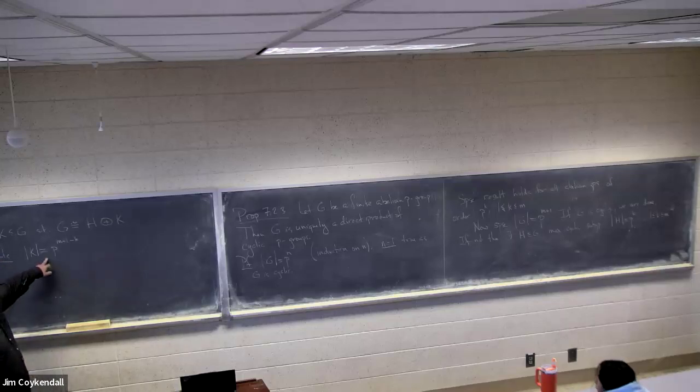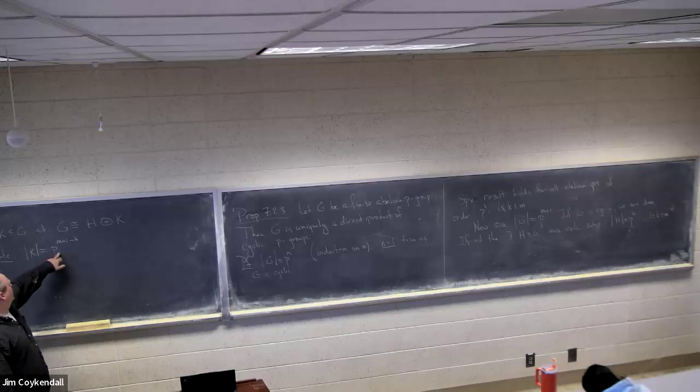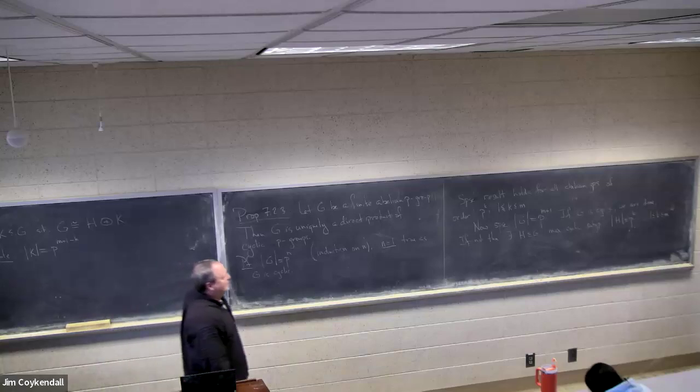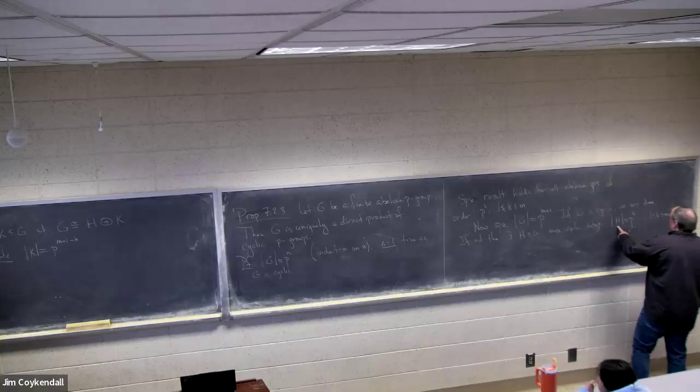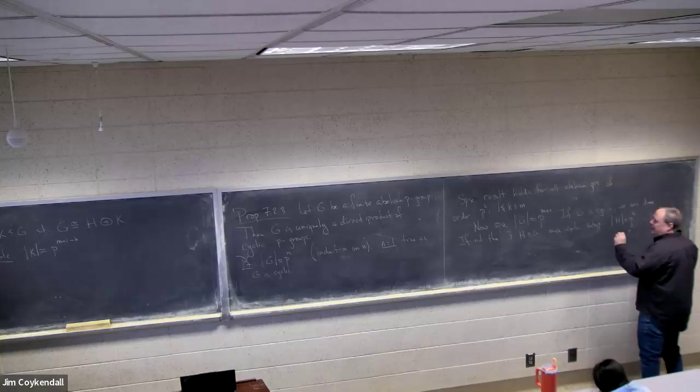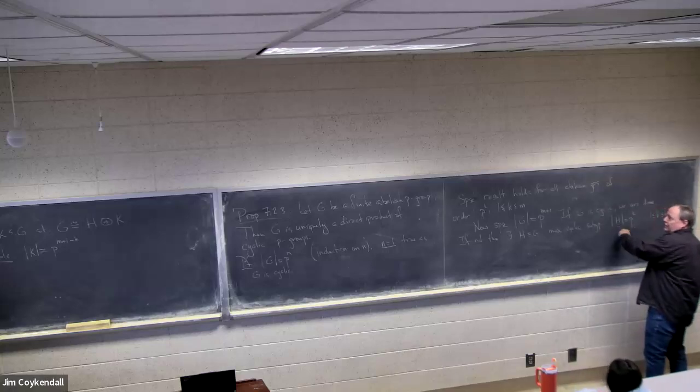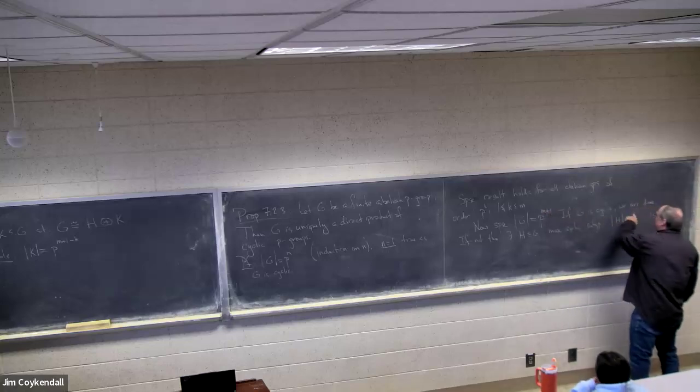I agree. The order of K is the order of G divided by the order of H, which is p^(n+1-k).